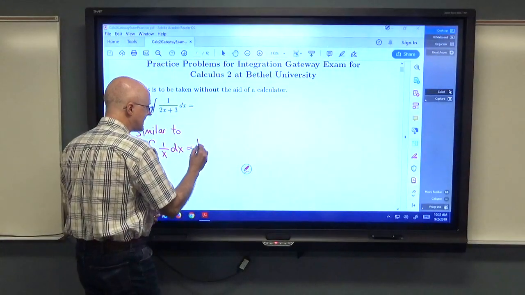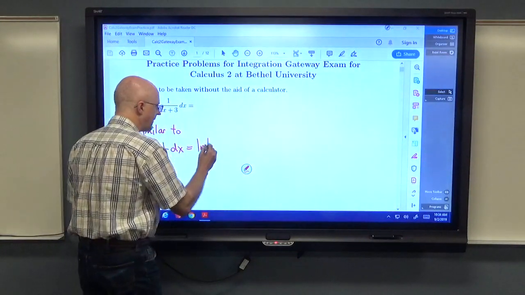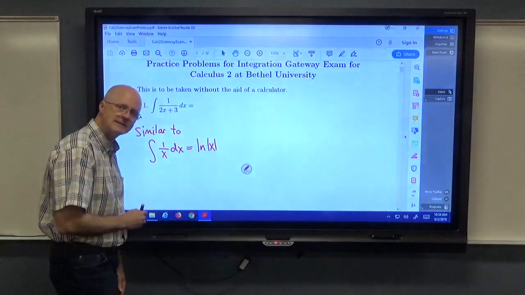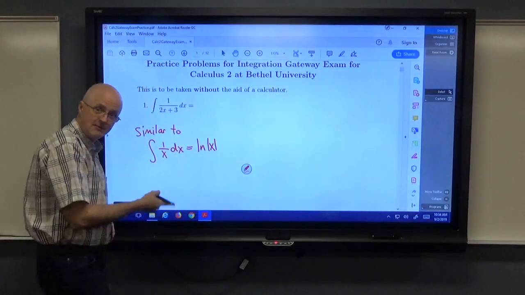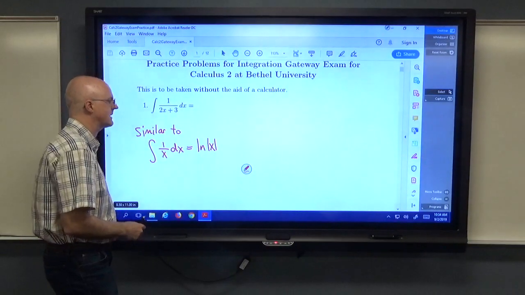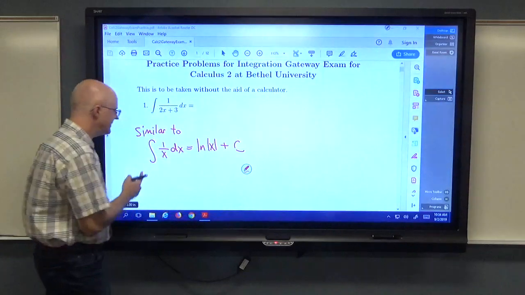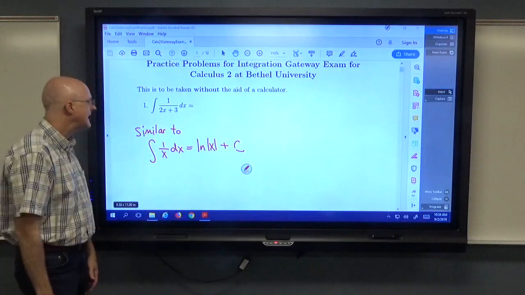You should memorize that it's a natural logarithm, not just of x, but of the absolute value of x. That'll allow this antiderivative to be defined for negative values of x as well. You do need to check that it really works for those negative values of x, but it does. Then don't forget your plus c when you're doing an indefinite integral like this, a pure antiderivative.